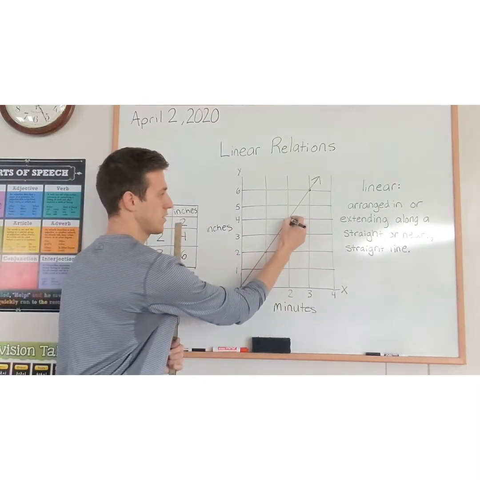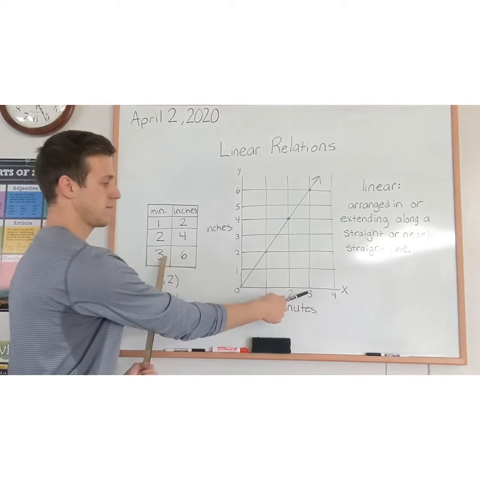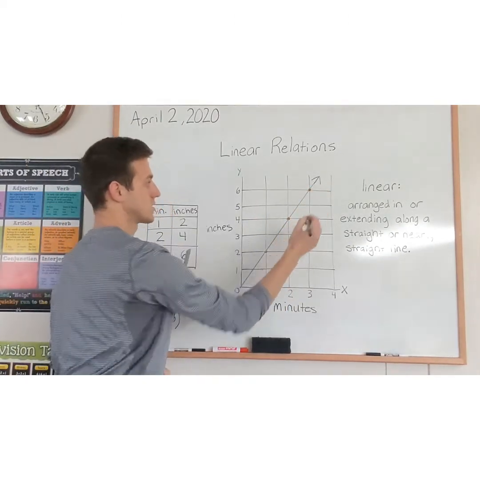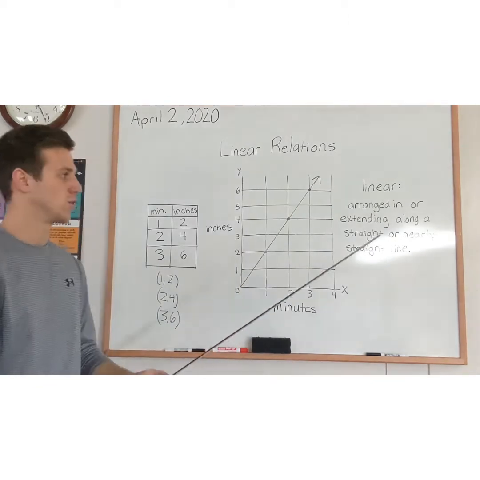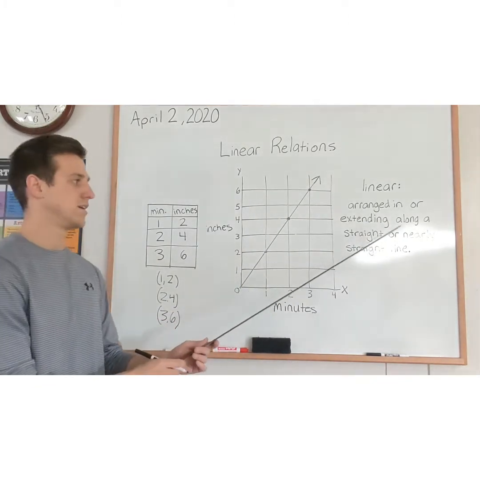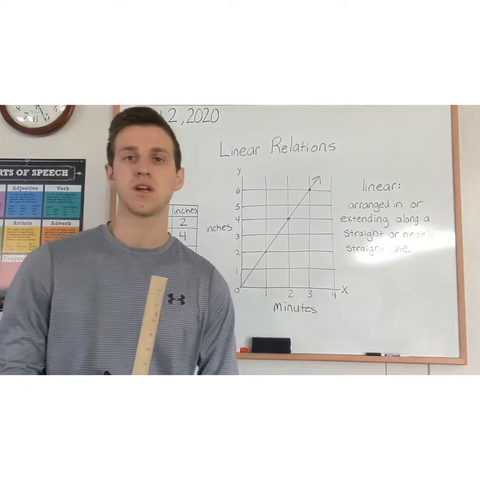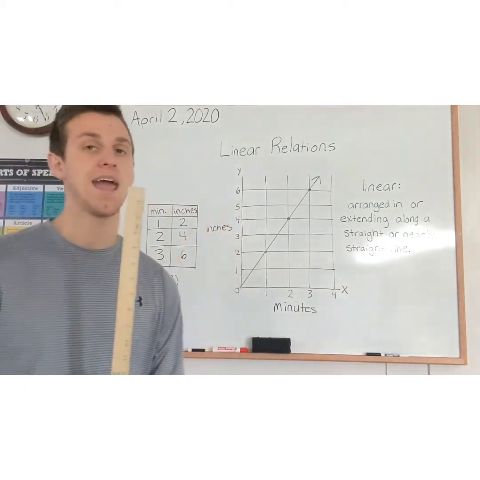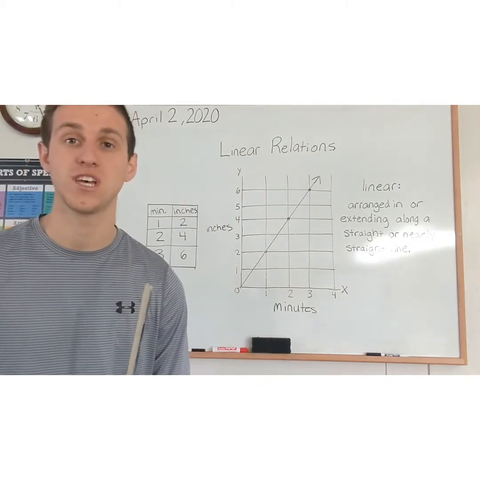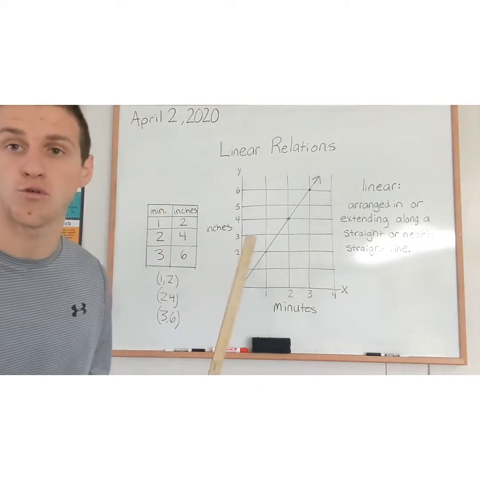So here's our second point. And in 3 minutes, we'll go over 3. He's going to go 6 inches. All right, so look at our linear line here. We have formed a straight or nearly straight line on our grid. And we can use this to help us answer some questions that we don't actually know from our table.